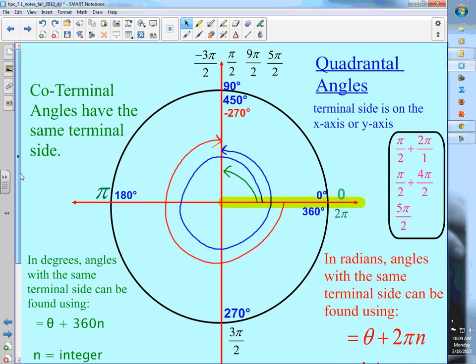If you took pi over 2 radians, which would be right here, and you add 1 revolution, 2 pi, you get common denominators, gives you 5 pi over 2. So you have 5 pi over 2 radians. That's coterminal with pi over 2. If you add 2 pi to 5 pi over 2, you get 9 pi over 2. If you take pi over 2 and subtract 2 pi, you get negative 3 pi over 2.